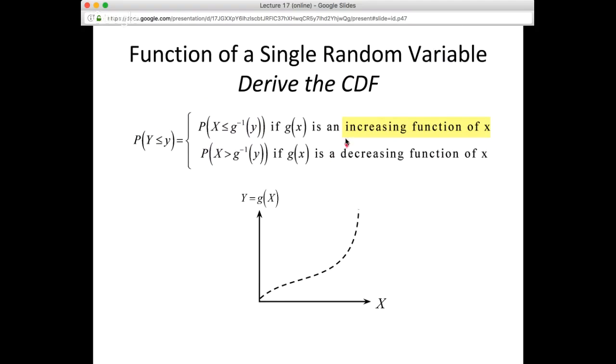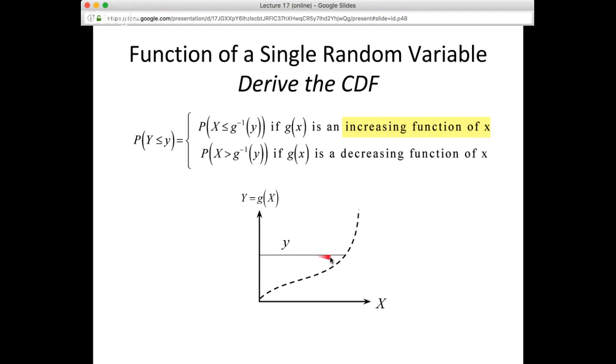So here's a situation where the function g of x is an increasing function of x. You can see g of x is plotted on the vertical axis, x is plotted on the horizontal axis, and indeed g is increasing as a function of x in this particular case. Suppose that we are interested in the probability that the random variable y is less than or equal to a specific value, little y.